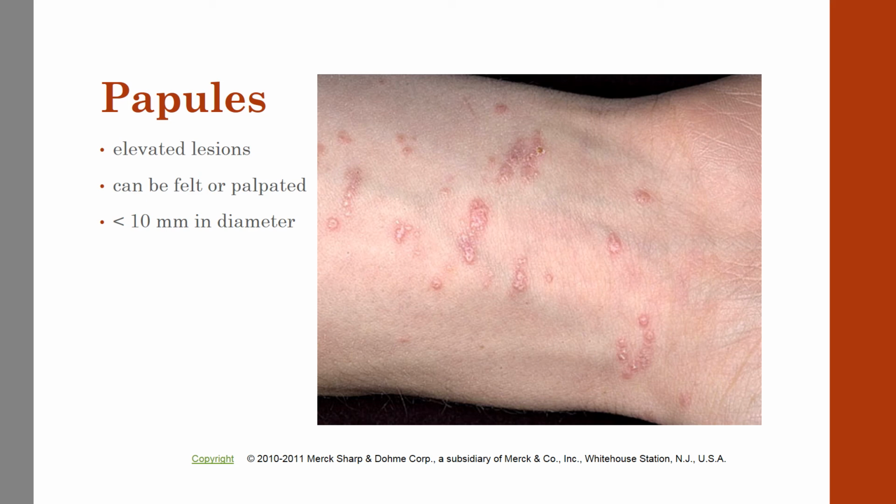If we say millimeters in diameter, we don't mean it's always perfectly round. We mean the longest dimension. Or you can even say a 4 by 8 lesion, an oval lesion, and describe it.